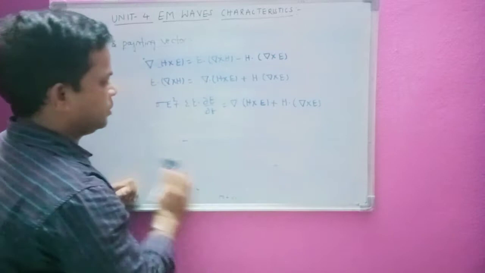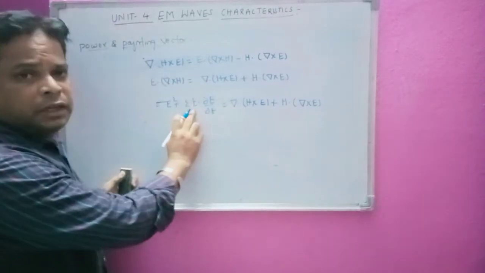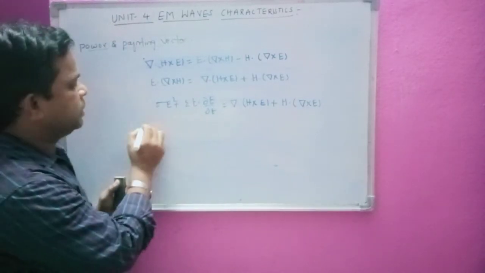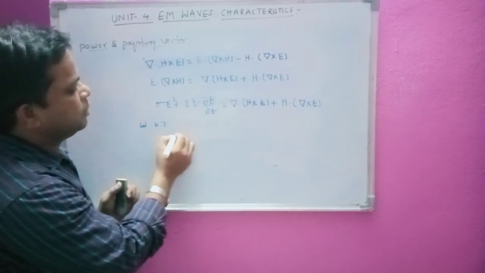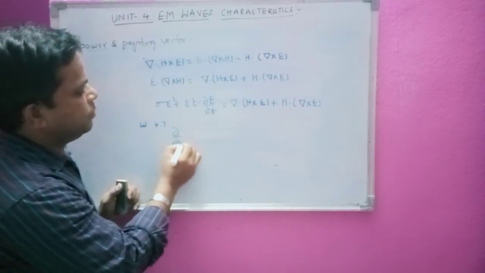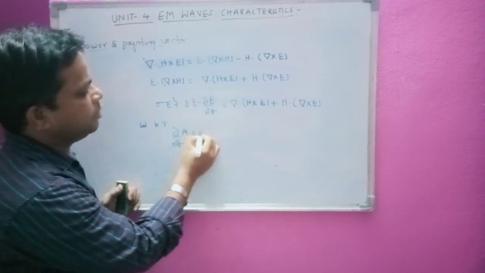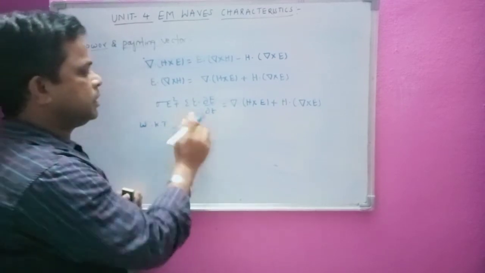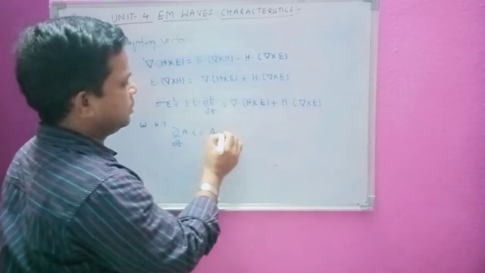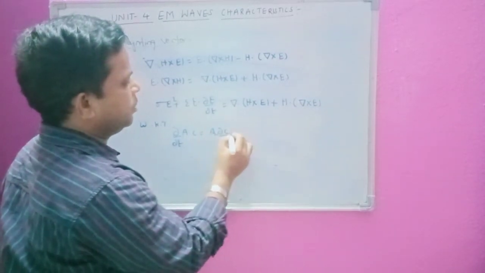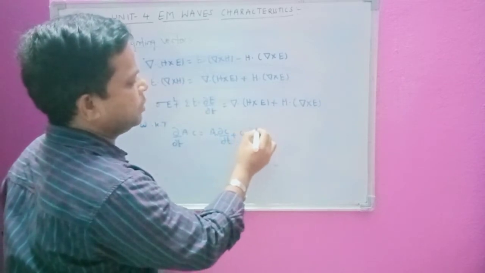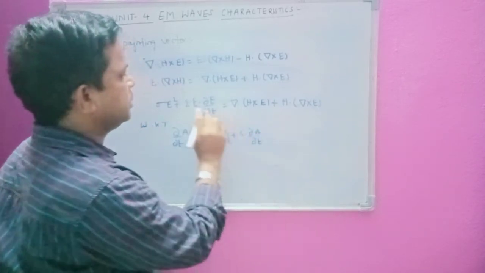We know that dou by dou T of A dot C can be written in this form, A dot dou C by dou T plus C dot dou A by dou T.